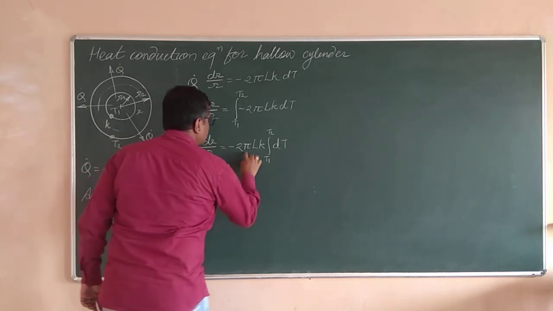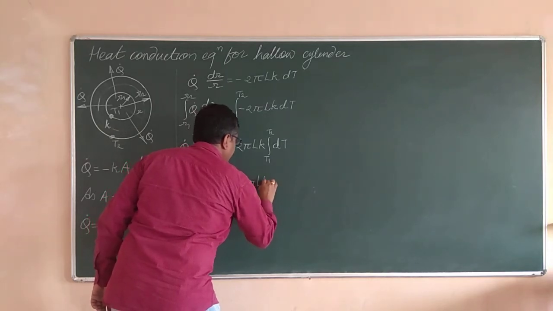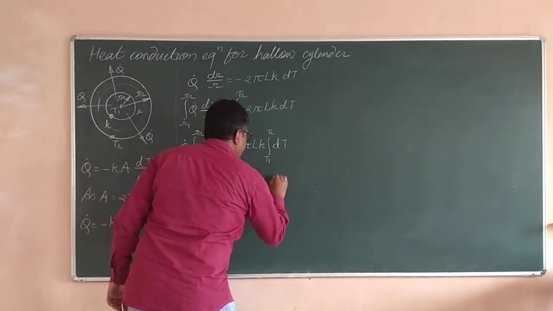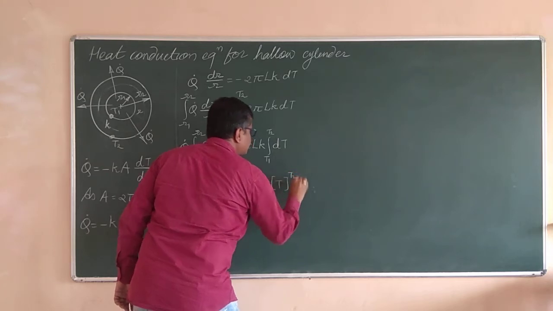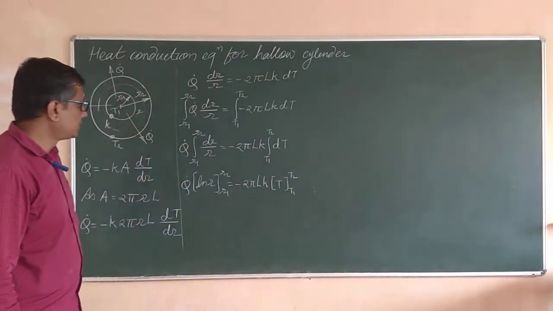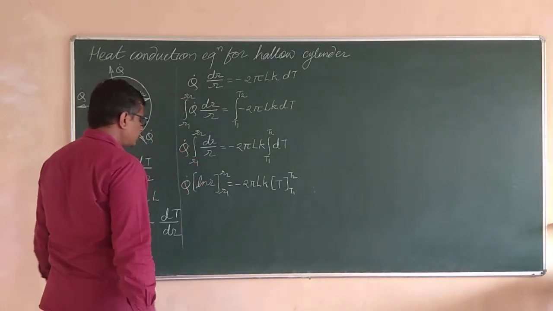This is equal to minus 2 pi L K as it is, and the integral of dT will be T, with the limits T1 and T2. Next, let us put down the limits.